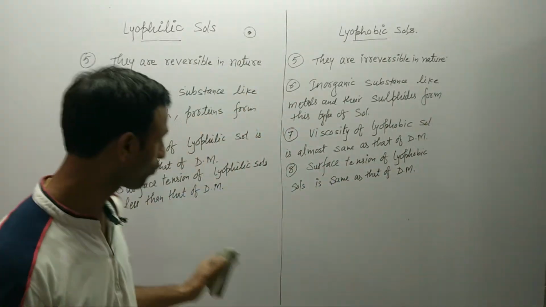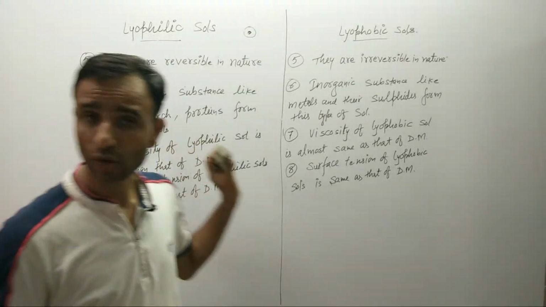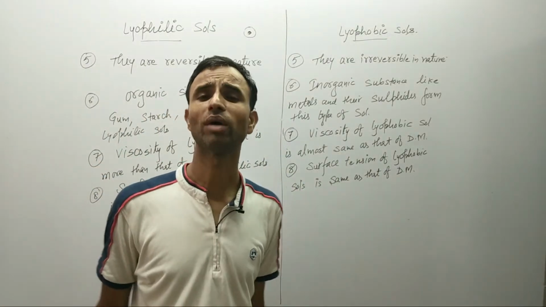So these are the 8 points of difference between lyophilic and lyophobic sol, but you have to write only 4.